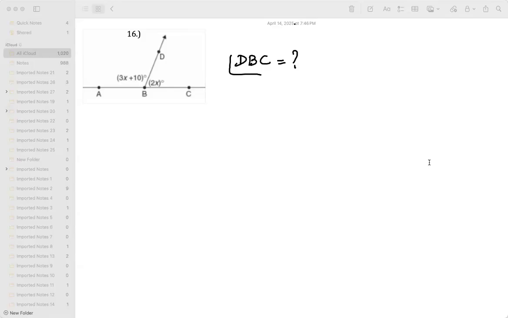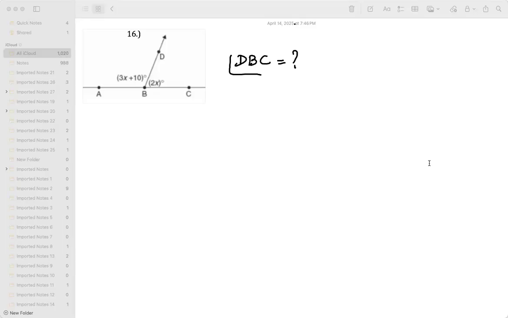My mouse isn't showing up. Okay, I can write it on the board.